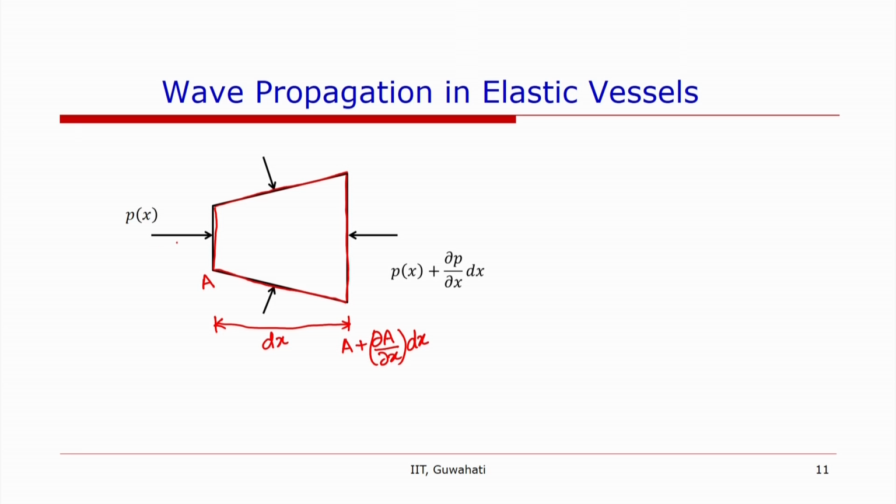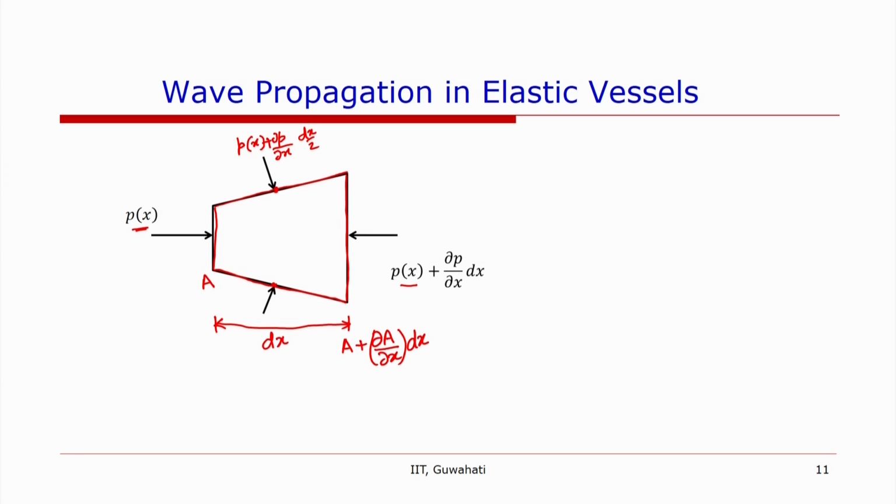Pressure at the left end is P, and at the right end it becomes P plus del P by del x dx. If you want to consider this at these points, then you can consider dx by 2, and similarly on the other side.